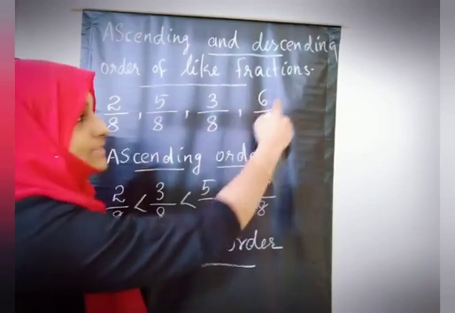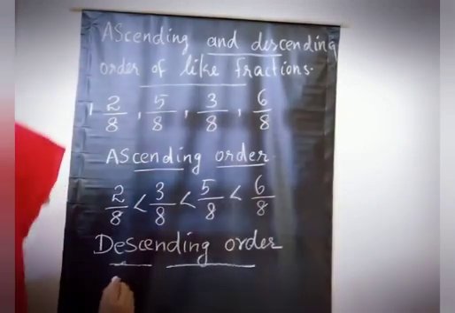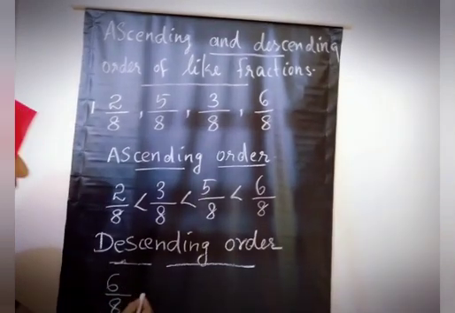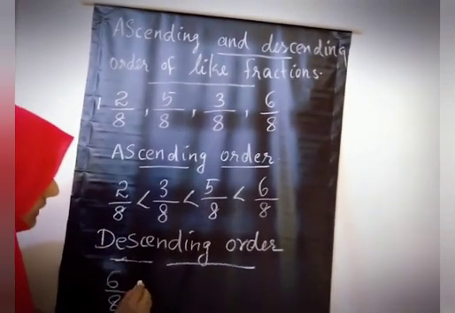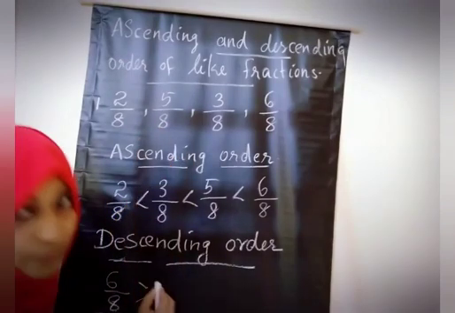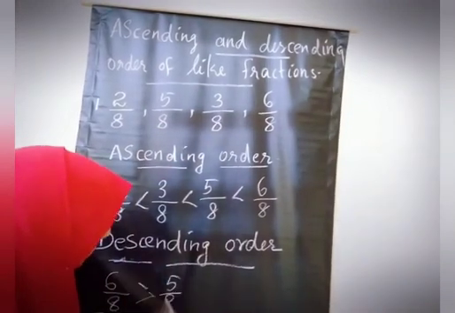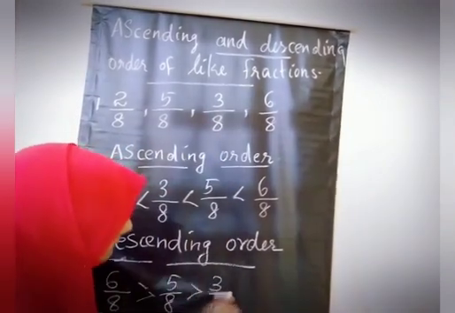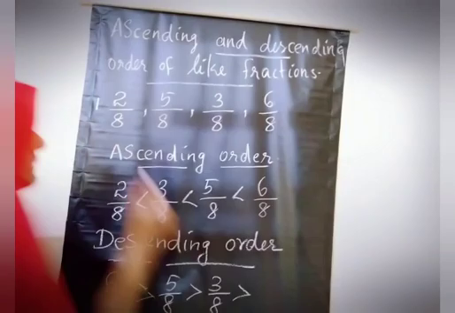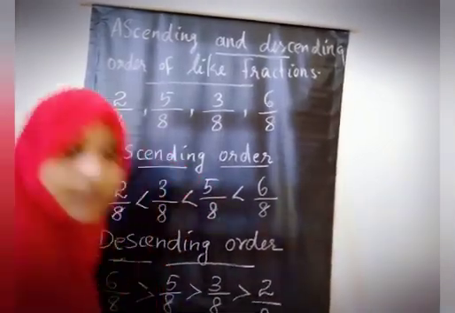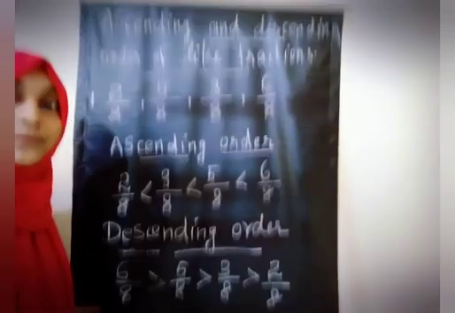So we write 6 by 8 first. 6 by 8 greater than next number 5 by 8, 5 by 8 greater than next number 3 by 8, greater than next number 2 by 8. This is the descending order.